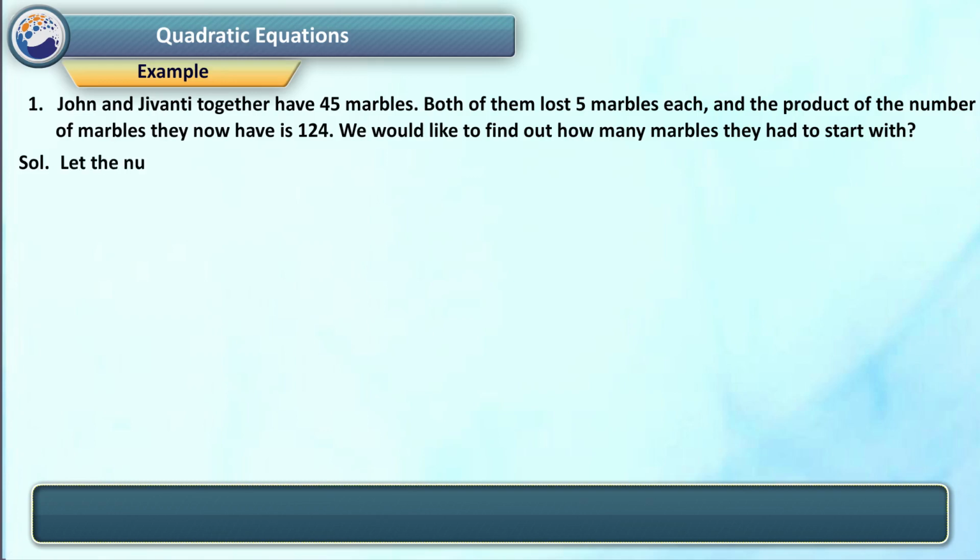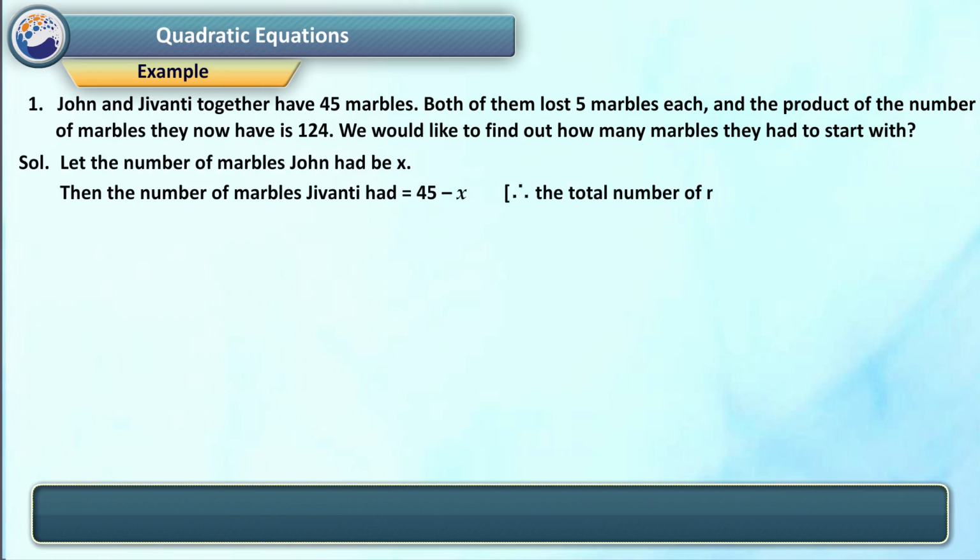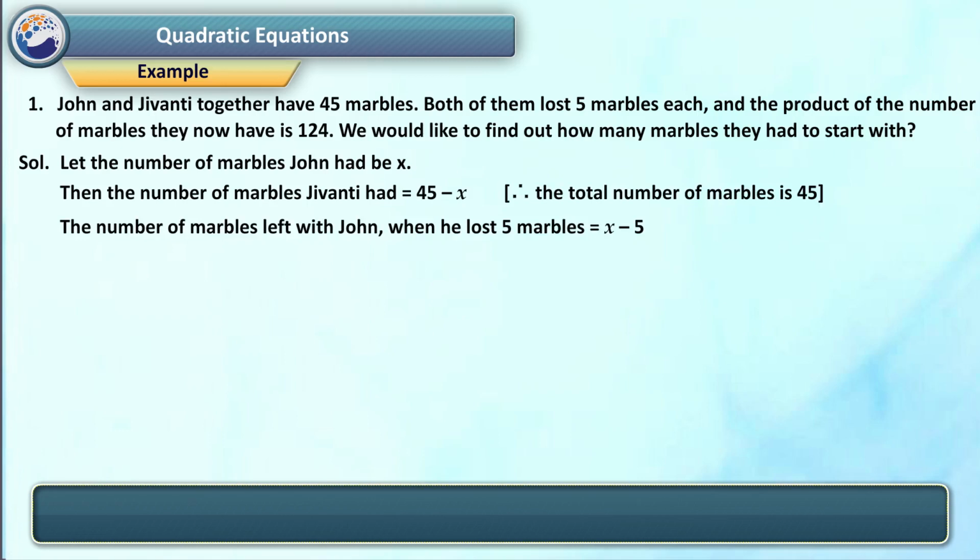Solution: let the number of marbles John had be x. Then the number of marbles Jivanti had is equal to 45 minus x, since the total number of marbles is 45. The number of marbles left with John when he lost 5 marbles is equal to x minus 5.